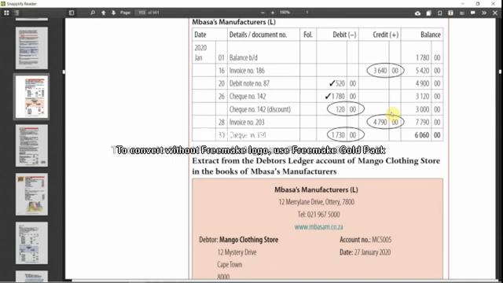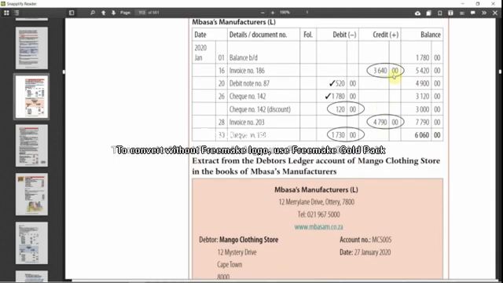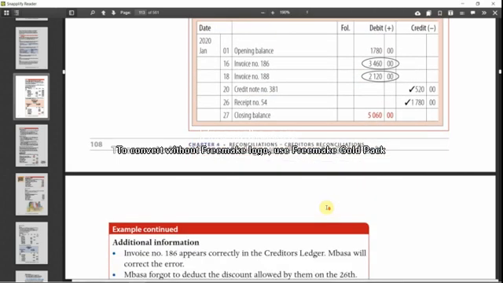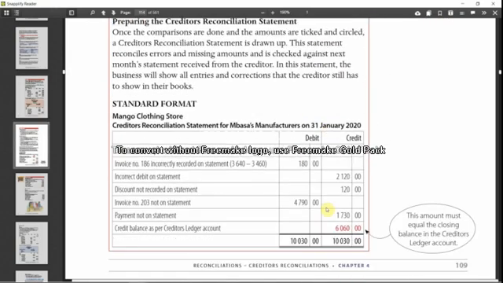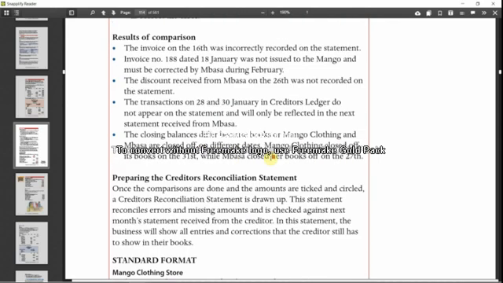So we have 180 more than they have. So they will have to make a further entry of 180 on their side, which would be the debit side. So therefore, for now, we make on our equivalent of the creditor statement on the debit side the entry of 180 for invoice number 186 that was incorrectly recorded on the statement.